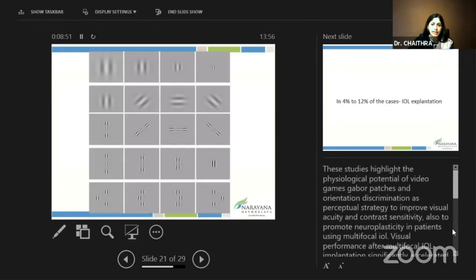So these studies highlight the physiological potential of video games, Gabor patches, and orientation discrimination as a perceptual strategy to improve visual acuity and contrast sensitivity and thus promote neuroplasticity.